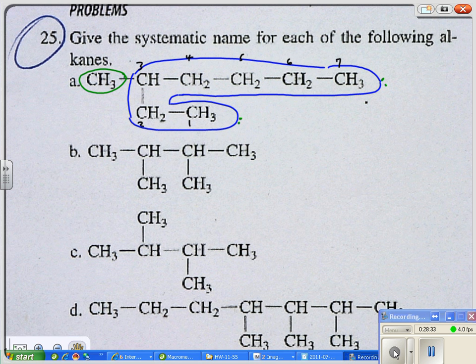Okay, so how are we going to name him? What carbon is methyl on? Well, I just told you. Hasn't changed. Hasn't gone anywhere. 3. Okay. So, what's the first thing we do when we name an organic molecule?